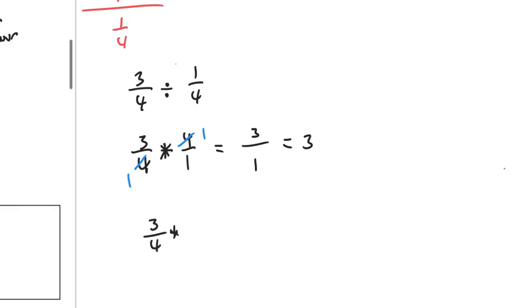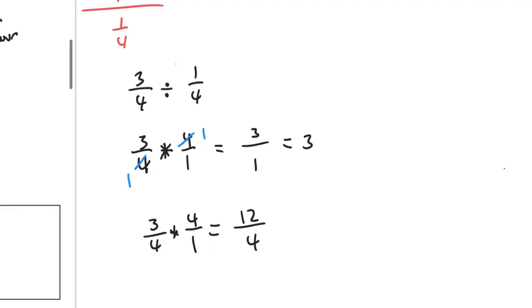But let's say you forgot that you could do that kind of a cancellation. It's really not the end of the world because when it comes to multiplying fractions, it's quite easy. You just multiply across the top and across the bottom. So 3 times 4 across the top is 12. 4 times 1 across the bottom is 4. And then you look at it and ask yourself, could I go further with that?